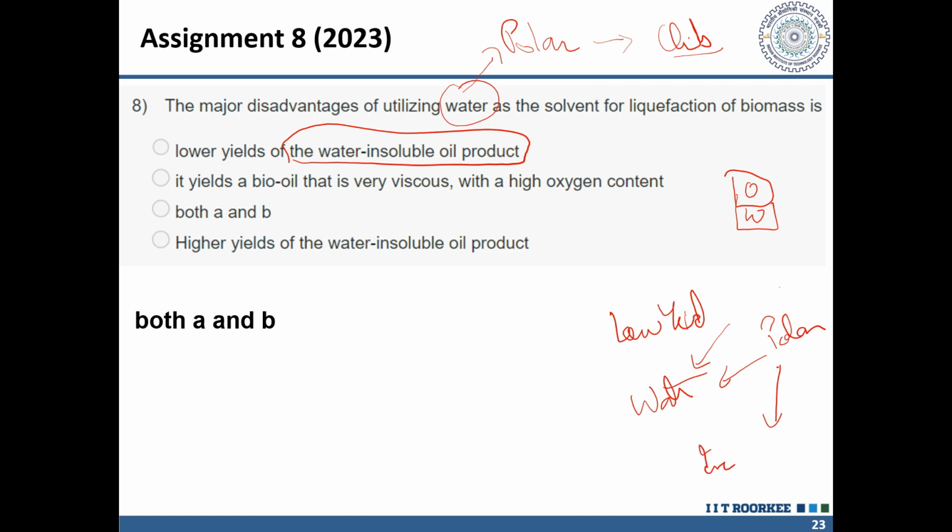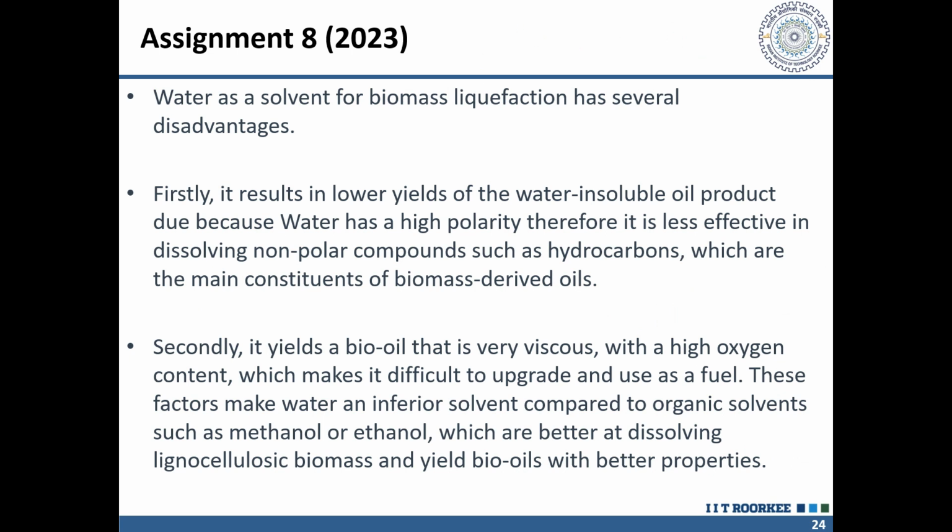Any type of viscosity enhancer present in the market is mostly polar. So if water is used as a solvent, it would dissolve some polar compounds and hence the viscosity will increase. Therefore, it will yield a bio oil that is very highly viscous with a high oxygen content. Therefore, the answer is both A and B.